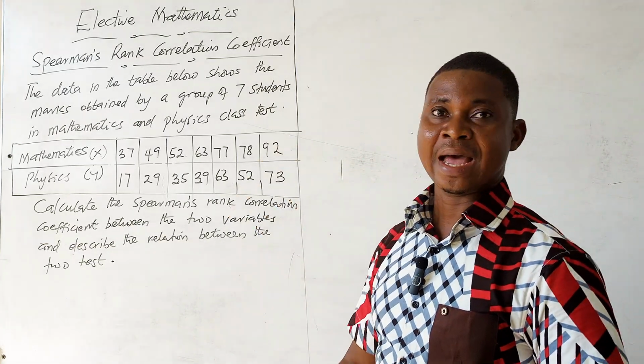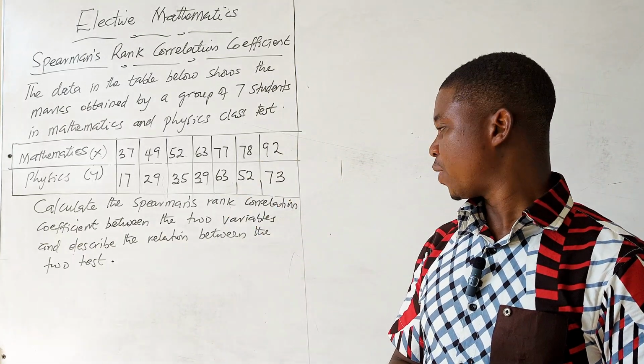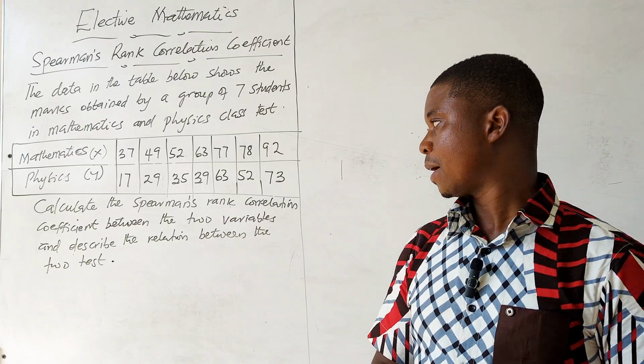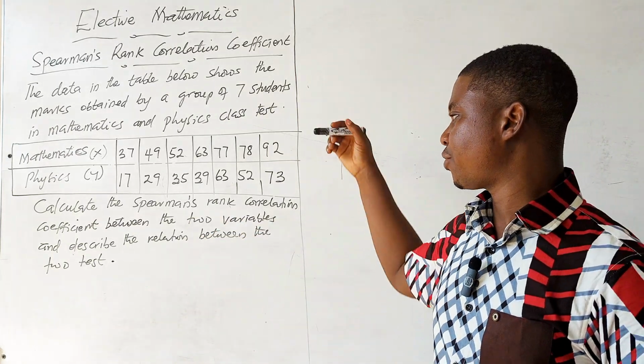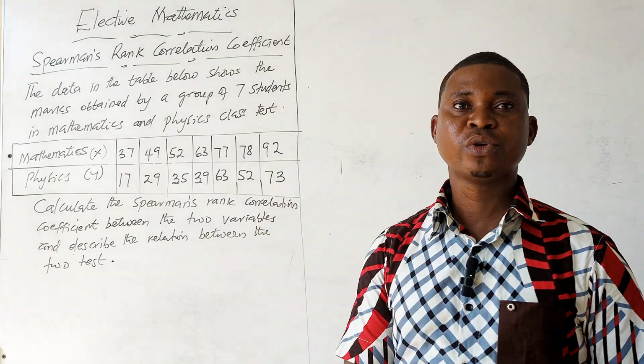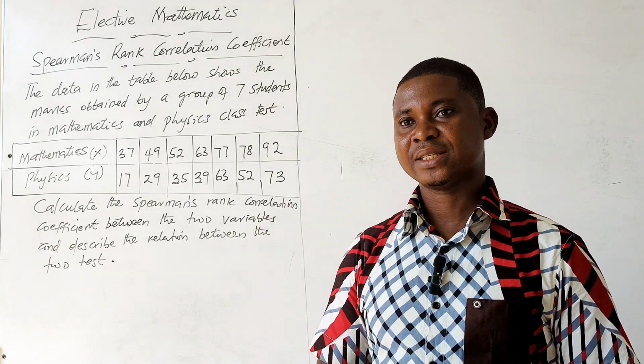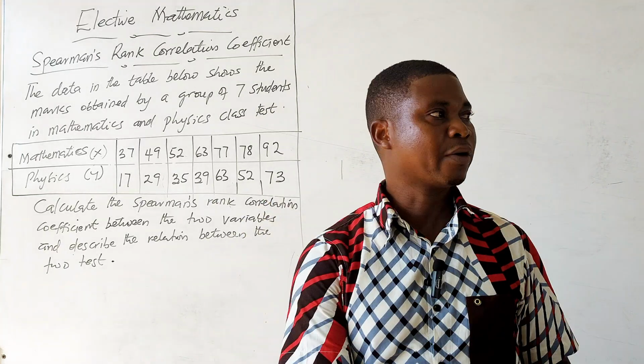With this data, we are asked to calculate the Spearman's rank correlation coefficient between the two variables, and after that, describe the relation between the two tests. So that is our question.